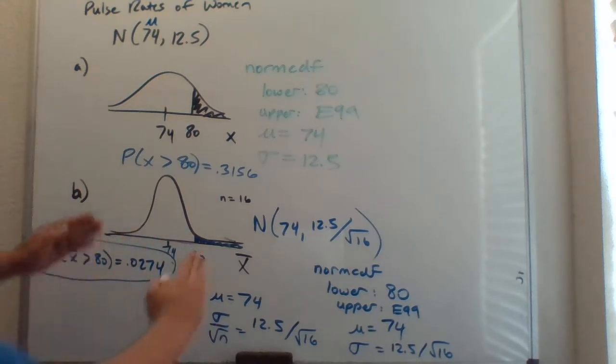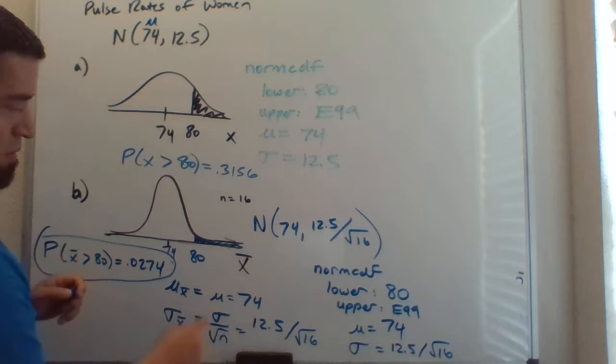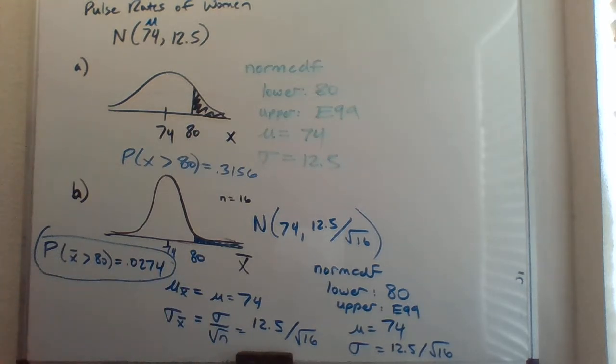So this better illustrates it, because the standard deviation is going to decrease for a sampling distribution of 16. And also logically, 16 people having that high of a pulse rate is not likely.